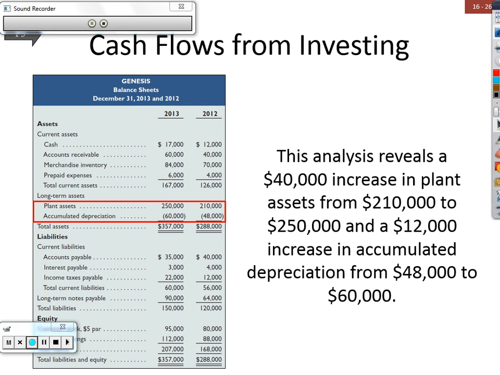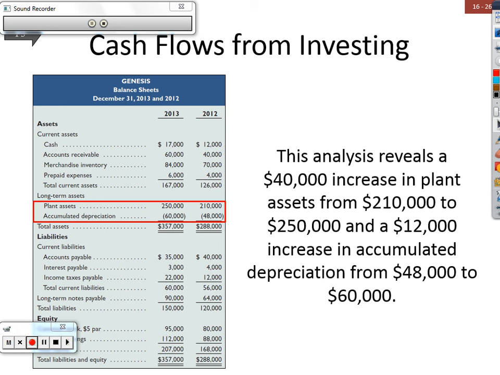So for instance, here on this balance sheet, just pulling out plant assets, which is not a current asset, and accumulated depreciation. From 2012 to 2013 in plant assets, there was a $40,000 difference, right? Increase. And then from 2012 to 2013 for accumulated depreciation, how much of a difference? 48,000 to 60,000. 12,000.